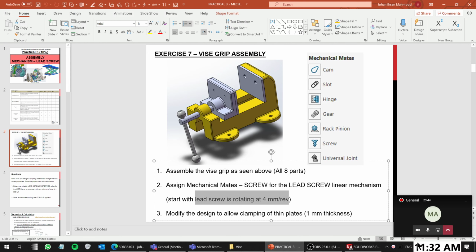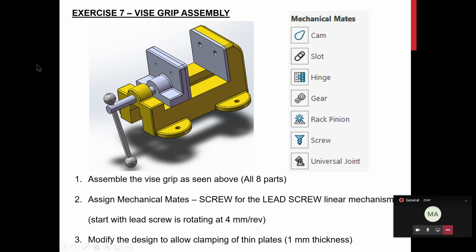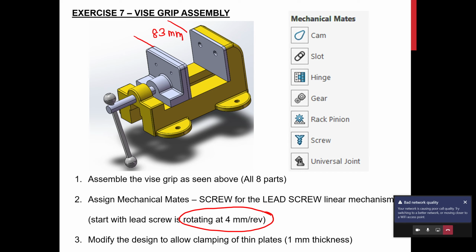So kalau 83 mm, mari kita buka PowerPoint sikit. So I have a gap of 83 mm. Kalau saya punya lead screw rotates at 4 mm per revolution, so berapa revolution baru kita boleh clamp all the way jadi 0?